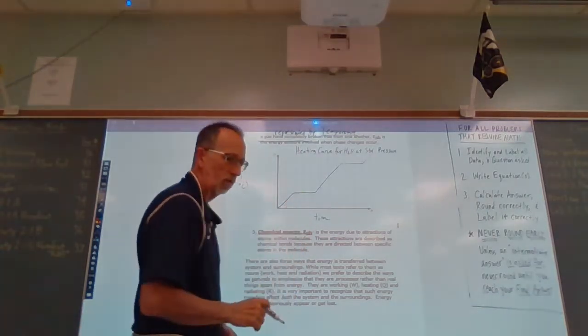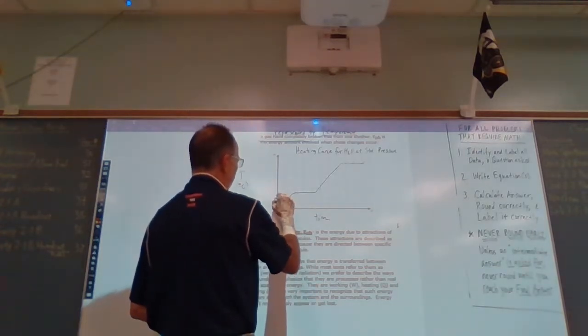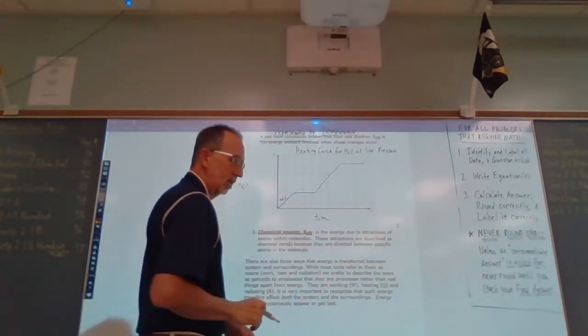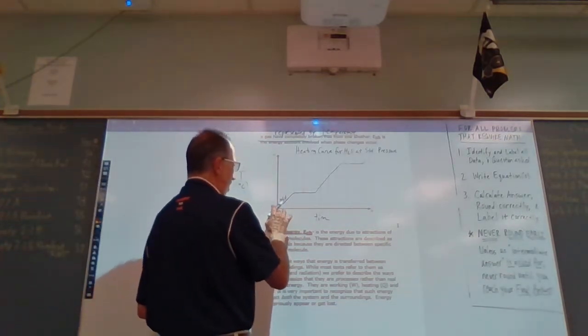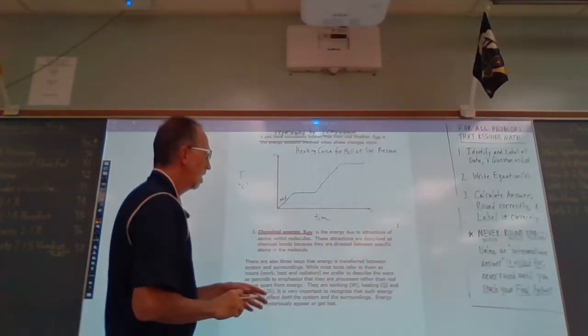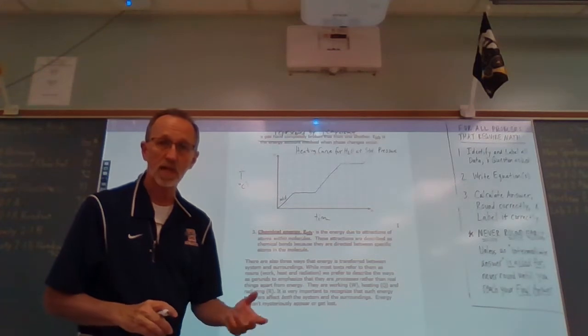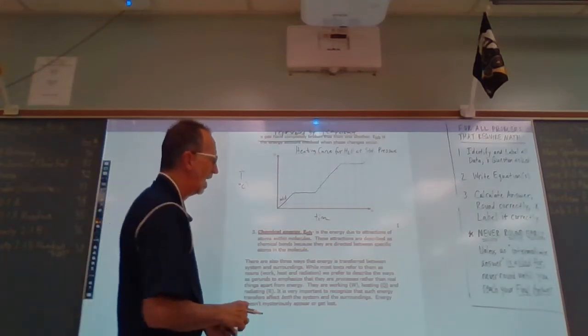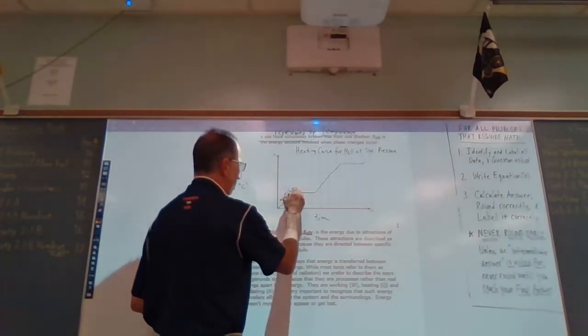So what we have here then is the solid phase, which would be ice. As you take ice and apply energy to it, it warms up, all right? But it's going to stay ice until it gets to this temperature right here, which is 0 degrees.